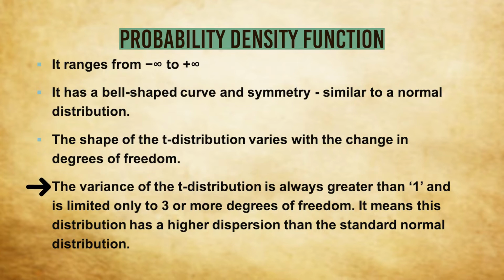The variance of the T distribution is always greater than 1, and it is defined only for 3 or more degrees of freedom. It means that this distribution has a higher dispersion than a standard normal distribution.